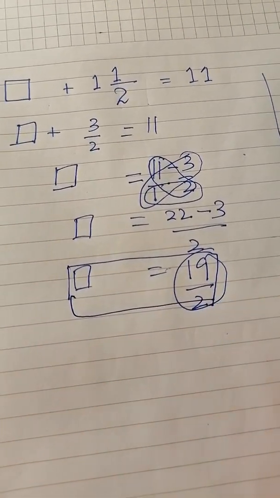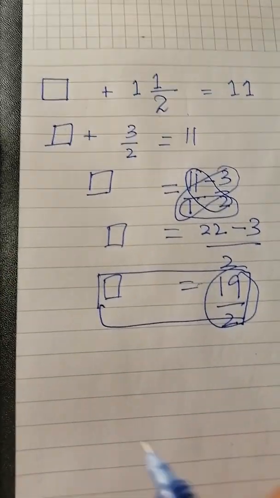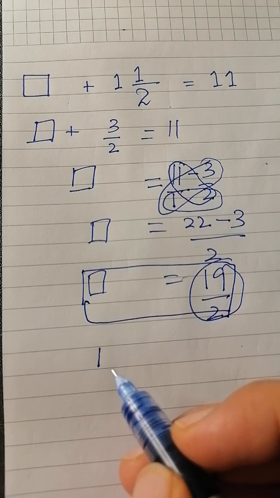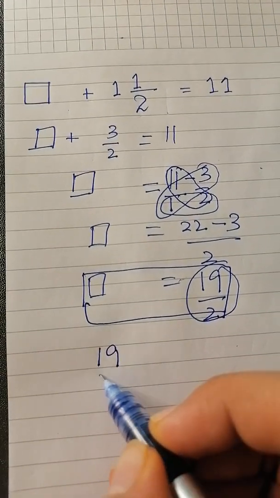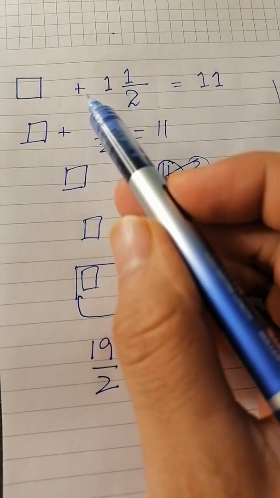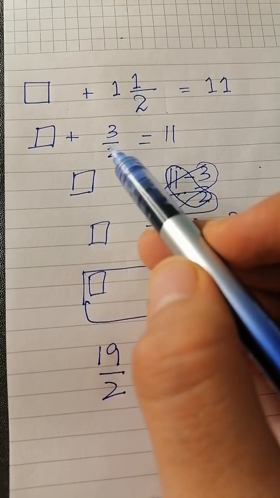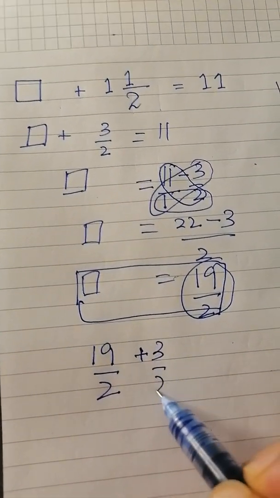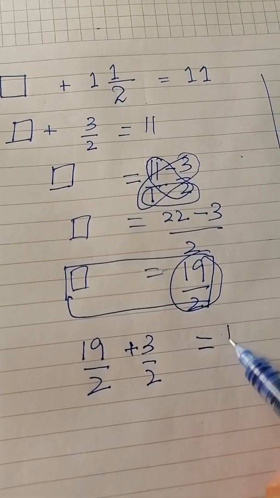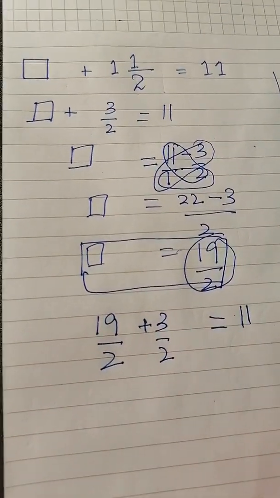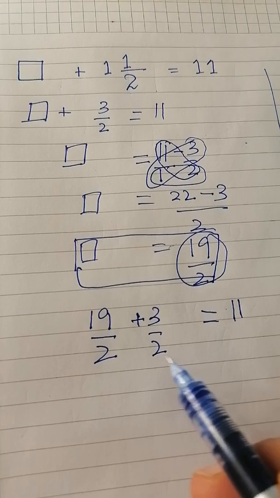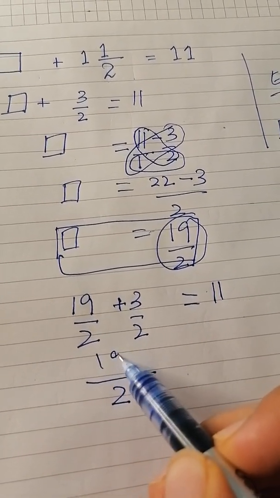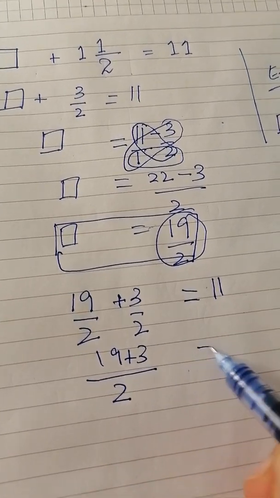Now what does this 19 divided by 2 mean? Let's put it in the square and check if our answer is right or wrong. This is the square, right? I'm putting it here, 19 divided by 2. Then we have 1 and a half, which we changed to 3 by 2 already. So 19 over 2 plus 3 over 2 equals 11. Right? Now we know that when both denominators are the same, we just take one of them and write the numerators like this.